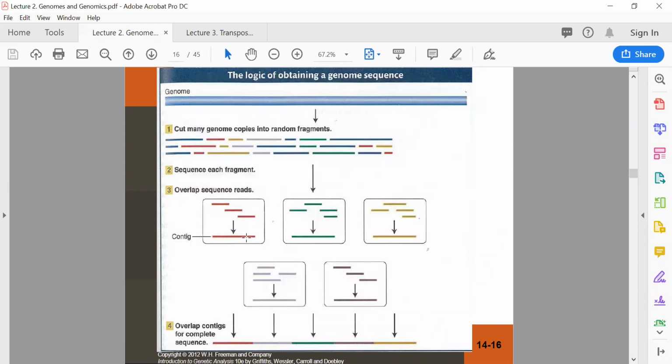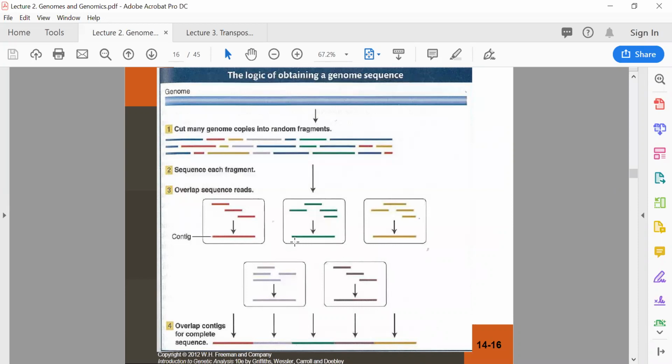And when you overlap them and assemble them in this way, you have constructed what's called a contig. So this is called a contig. So all those sequence reads are overlapped, and this is why you need such tremendous computing power to be able to deal with potentially millions and millions of sequence reads, and then have the ability to overlap them to find those similar regions between fragments and produce these contigs.